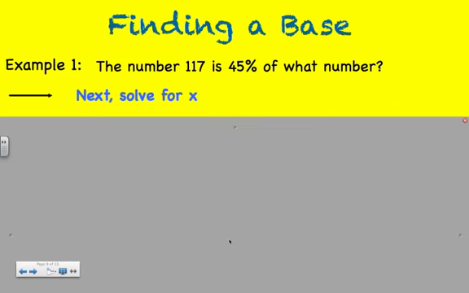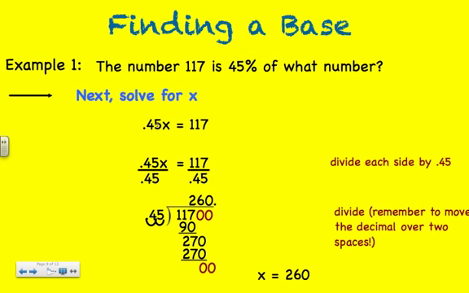On the next slide, we divide each side by 0.45. We set up our division. 0.45 goes into 117. I don't want to divide by a decimal, so I move the decimal 2 to the right.